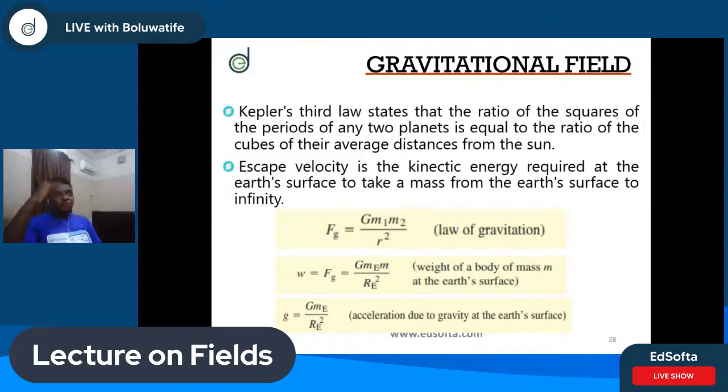The ratio of period is the amount of time it takes to complete one cycle.